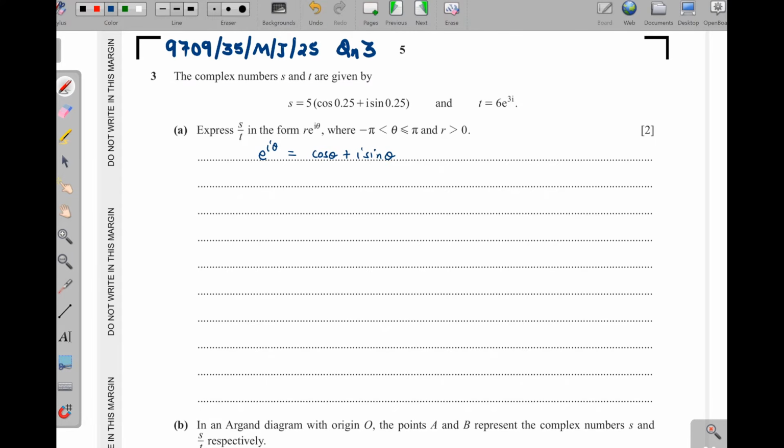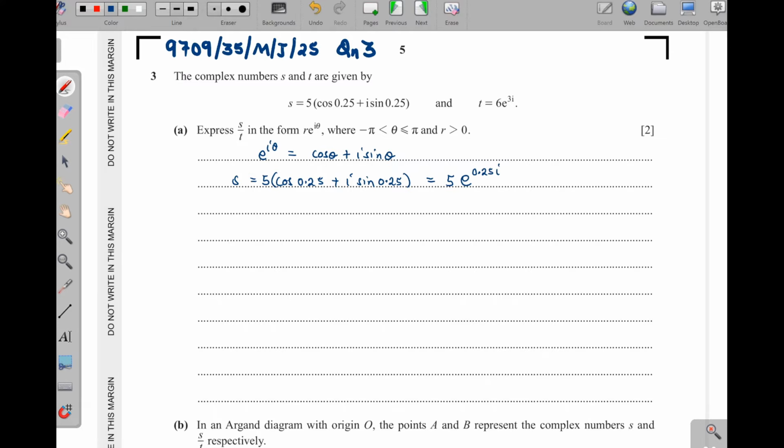So this simply implies that s, which is equal to 5 cosine of 0.25 plus i sine of 0.25, shall be 5 e to the power of 0.25 i.